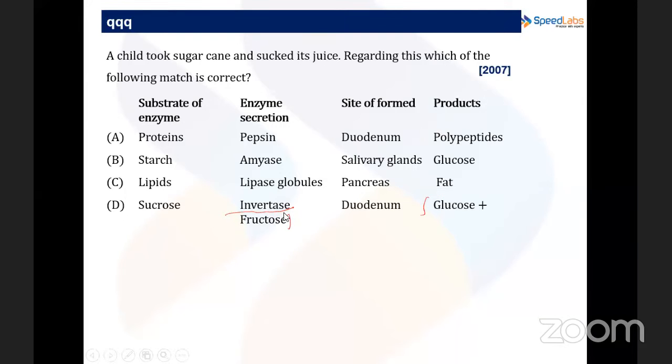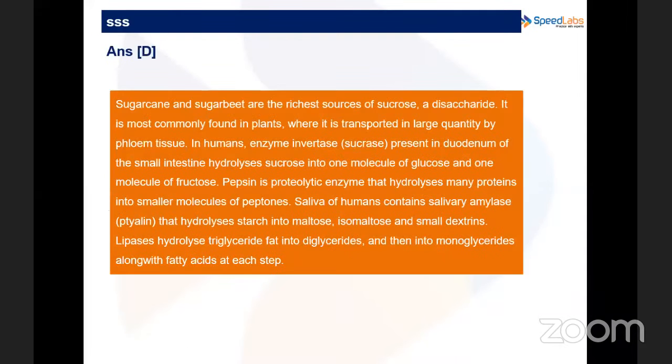Hence, the answer to this question is option D, glucose plus fructose. Glucose plus fructose is the correct answer.